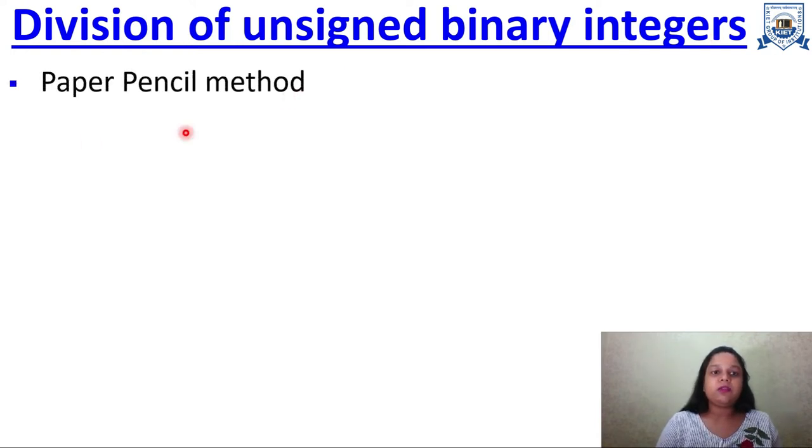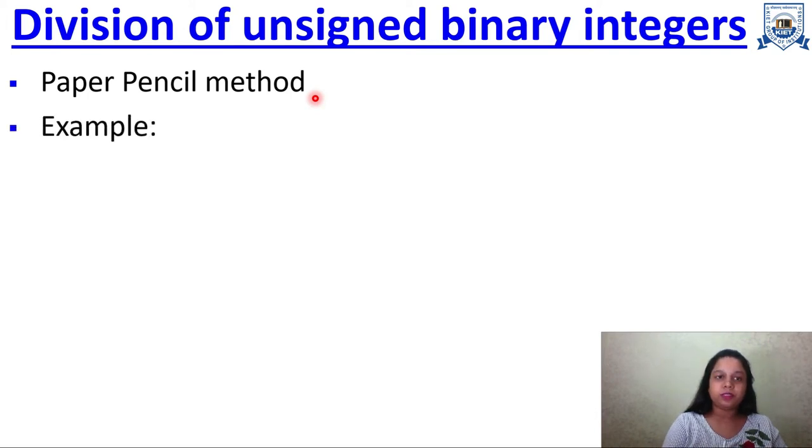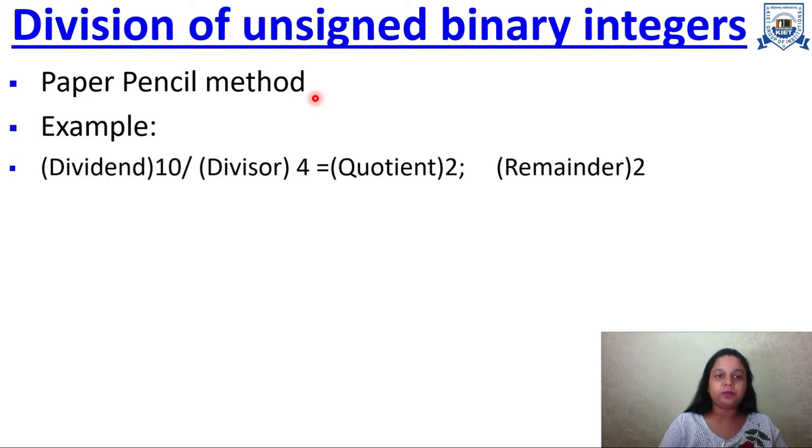So let's first learn the paper pencil method. What is the paper pencil method? In smaller classes you may have learned the method which is like this. Let's take one example. When we need to divide 10 by 4, your quotient will be 2 and the remainder is 2. How did you evaluate it?